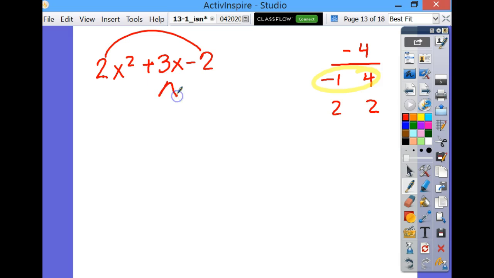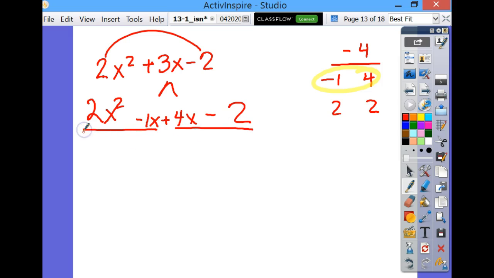That 3 is replaced by this term because this term is equal to the 3. And then I bring down the 2x squared and the minus 2. The reason I replace the 3 is so I can have 4 terms so I can factor by grouping.